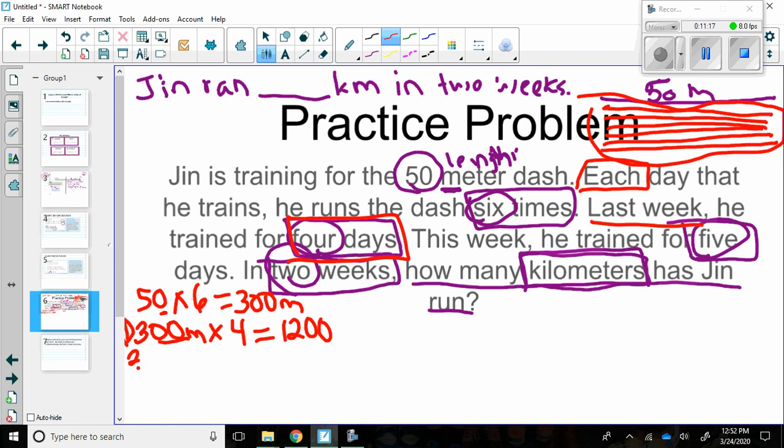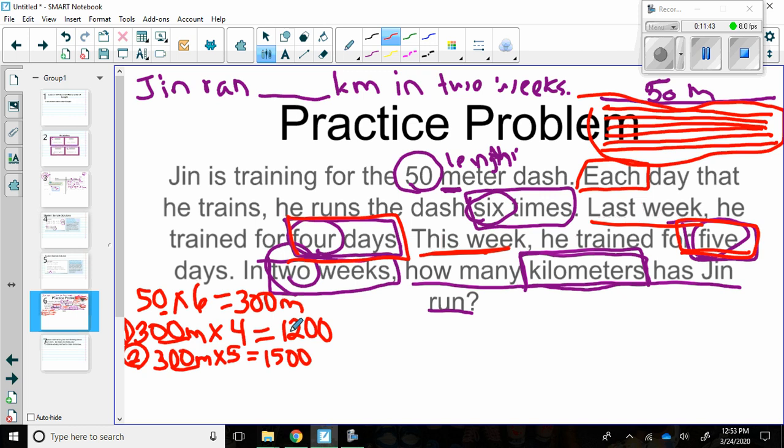Now I need to solve how much he runs the second week. So this week he ran to practice 5 days a week. So again, each day he runs 300 meters. That week he ran it 5 days. 3 times 5 is 15. Add my 2 zeros.